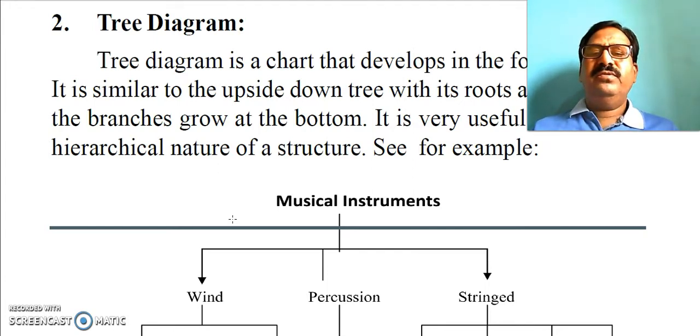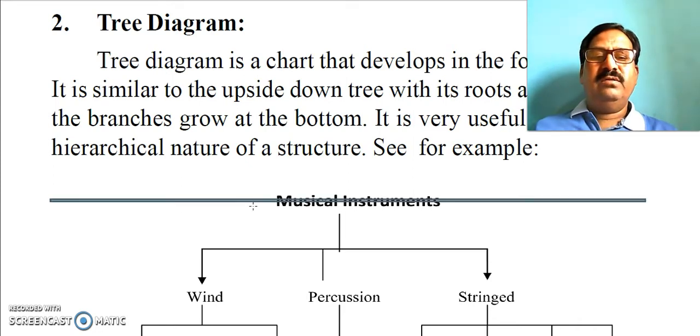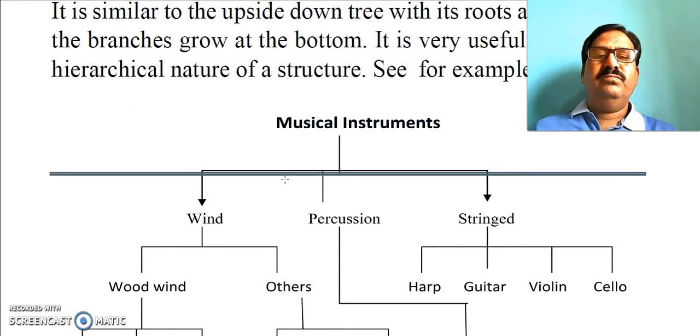This kind of diagram is useful to show the hierarchical nature of structure, and also you can classify the various elements of a particular unit. Here is an example of musical instruments.